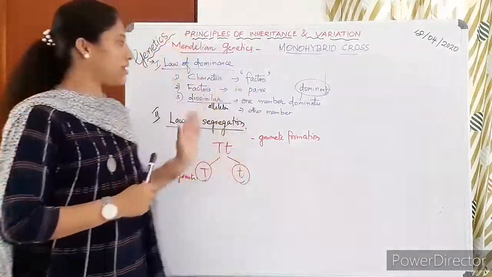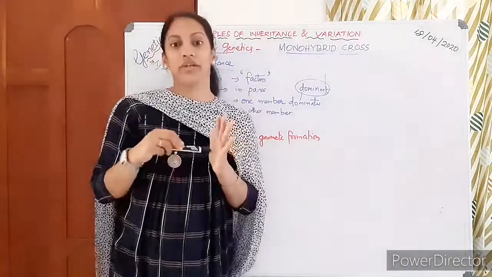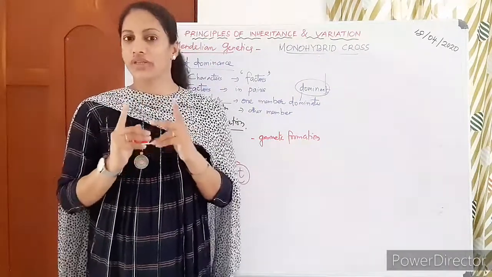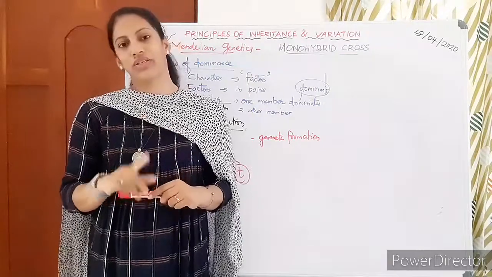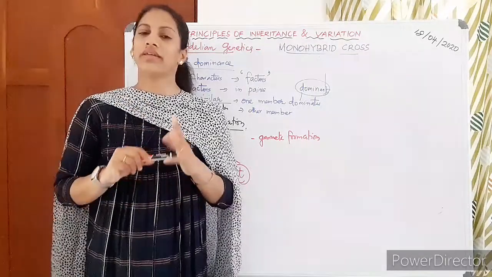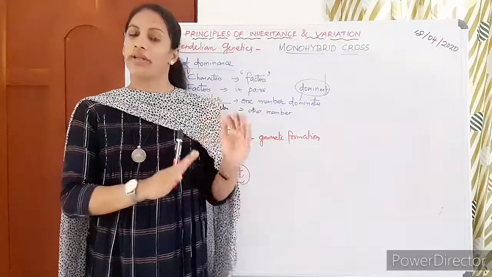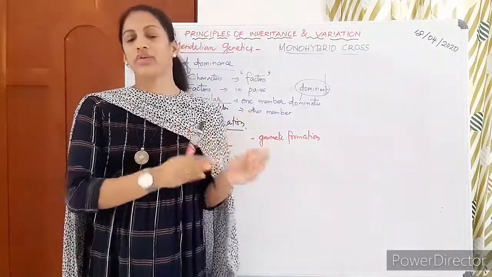I think this is clear. What is a monohybrid cross? A cross in which inheritance of a single gene is studied. We are focusing on only one character's inheritance at a time. For example, whatever characters the plant had, Mendel focused only on the stem height, tall and dwarf.